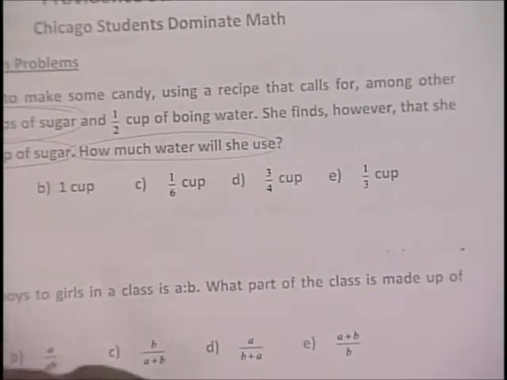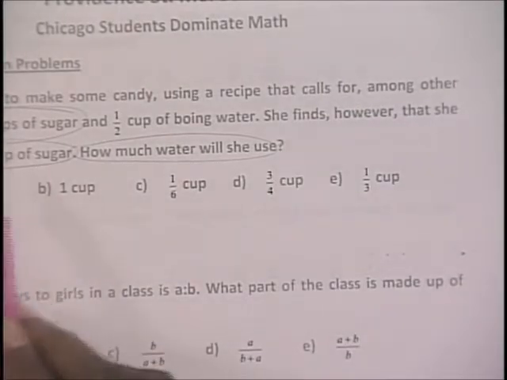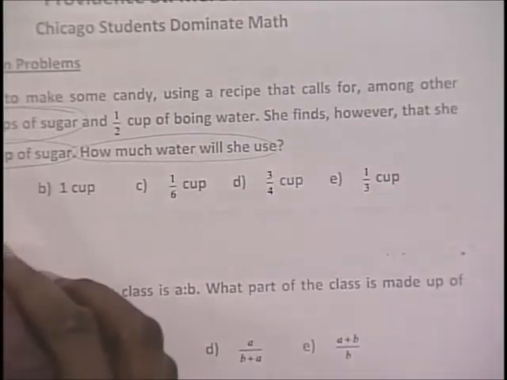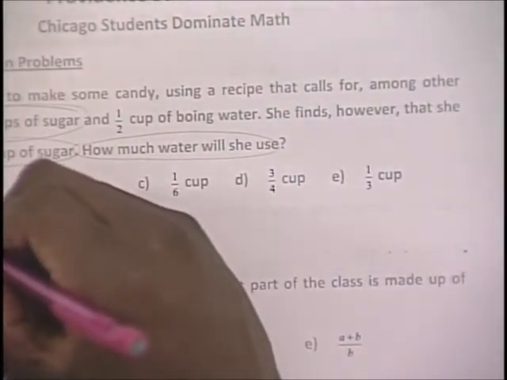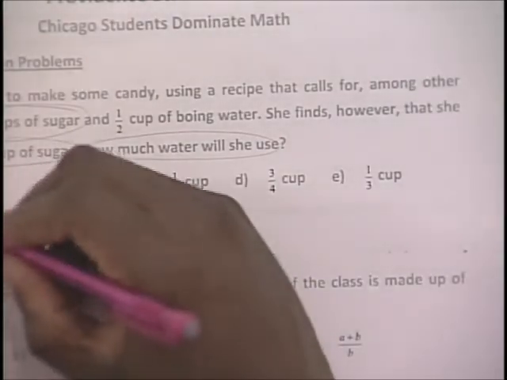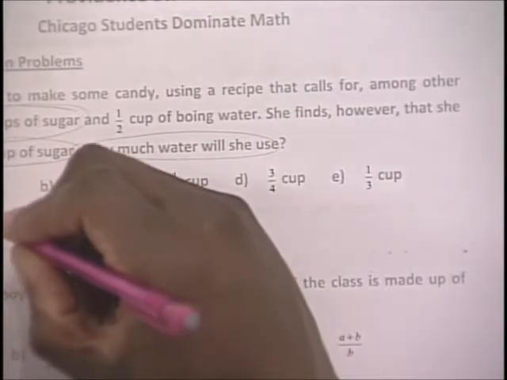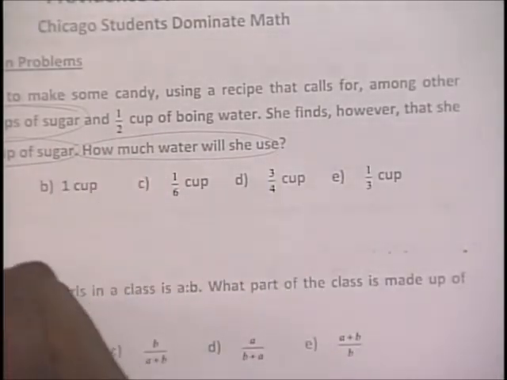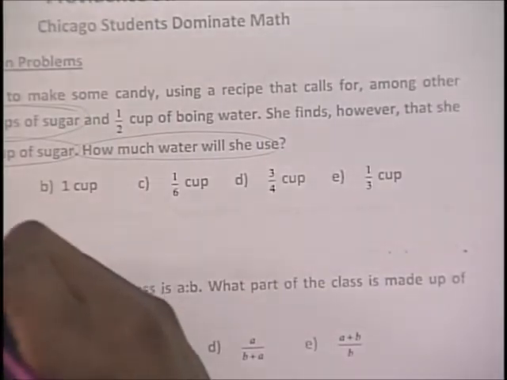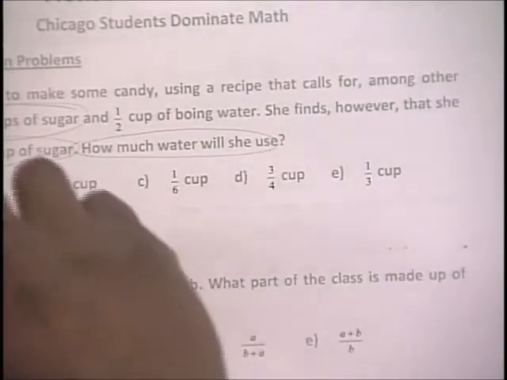You can look at having a ratio in one of two ways. You could relate 1½ cups of sugar to 1 cup of sugar, or you could take 1½ cups of sugar and relate that to having 1/2 cup of water.